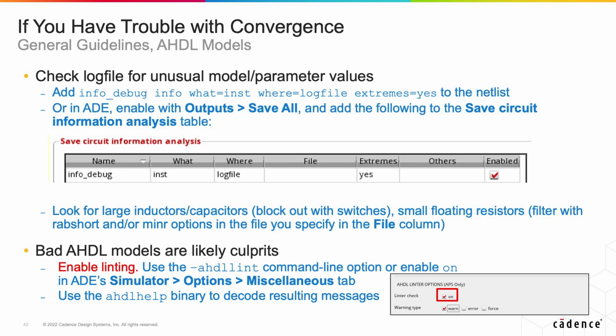Very quick transitions can really cause a lot of problems, and that's why, when there are non-convergence issues, one step is of course writing out to the log file, and the other is enabling the AHDL linter. Once you enable that, or at least set it to give a warning, you will get a lot of warnings if your AHDL model is the culprit.